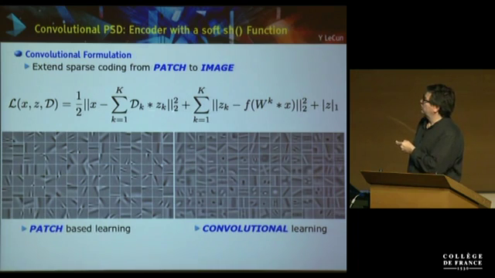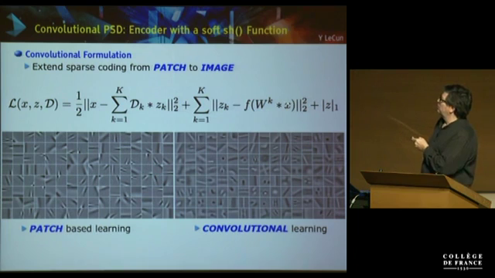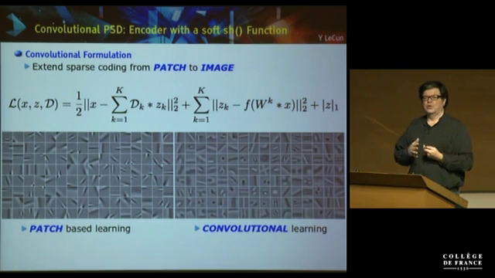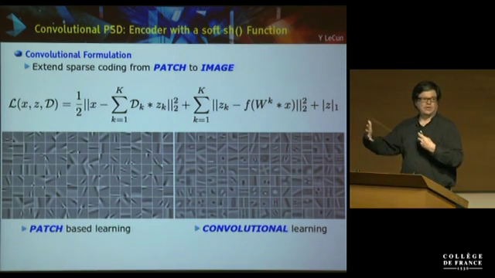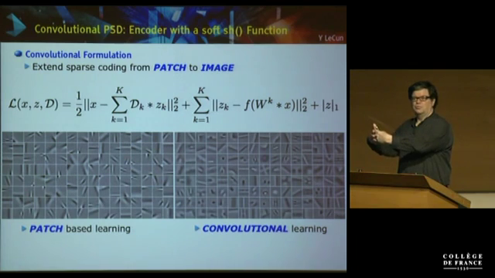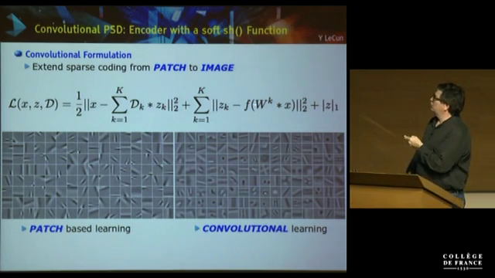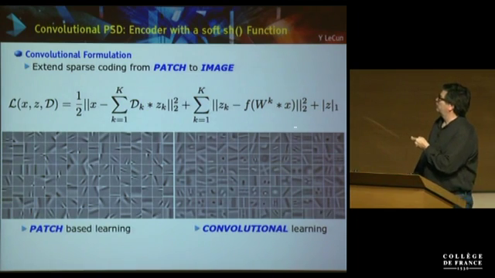So the term reconstructs the input, but also doesn't deviate too much from what was predicted by the encoder. It's an encoder trying to predict the value of z. This is like what I presented before. You have an encoder that's trying to predict the sparse vector from which you can rebuild the input.